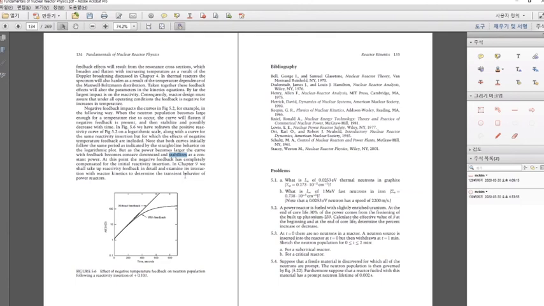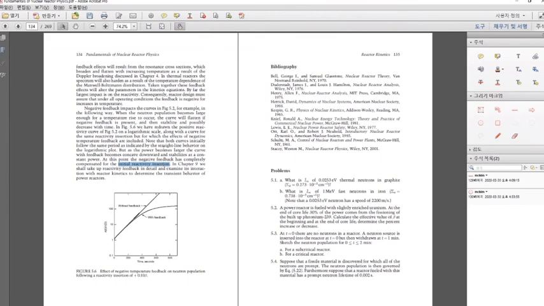When the reactor power is stabilized to a steady state value, this negative feedback effect compensates the initial positive reactivity insertion. Such feedback effect will be dealt with in chapter 9.